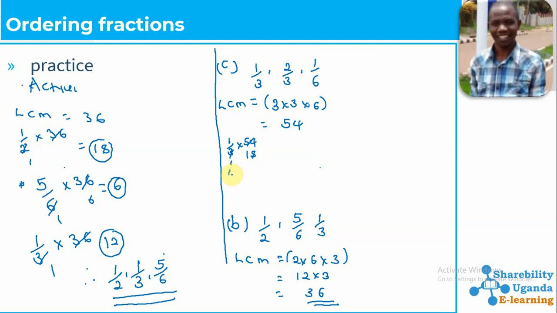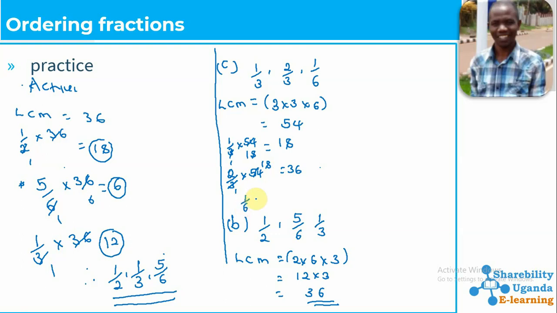Then 2 out of 3 times 54: 54 by 3 we get 18, and 18 times 2 gives us 36.